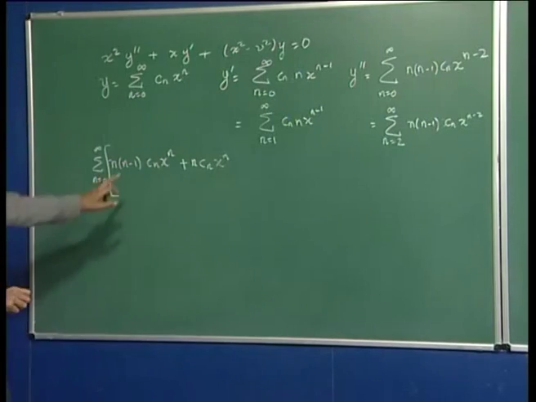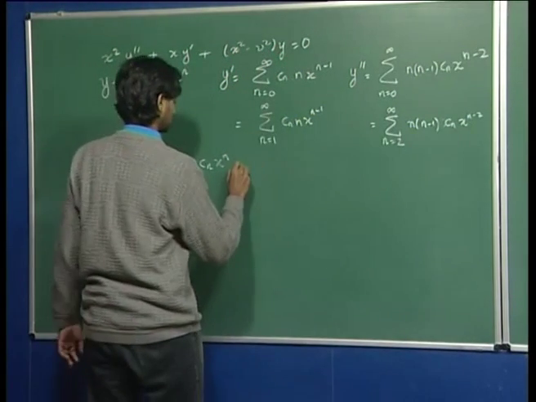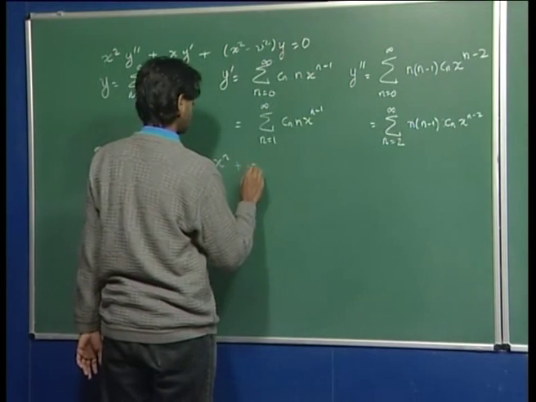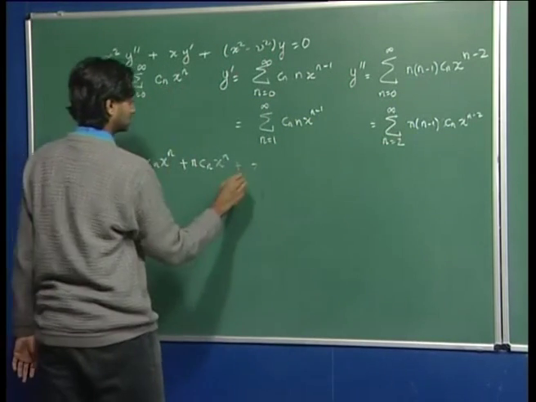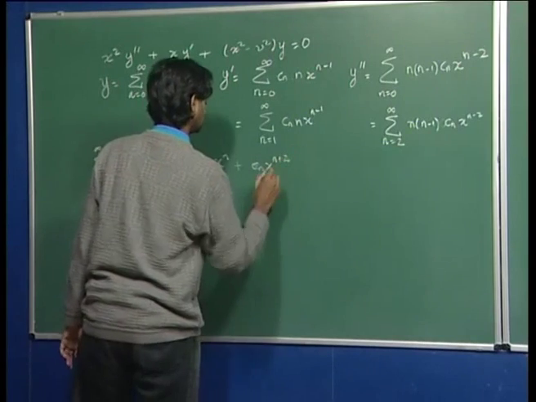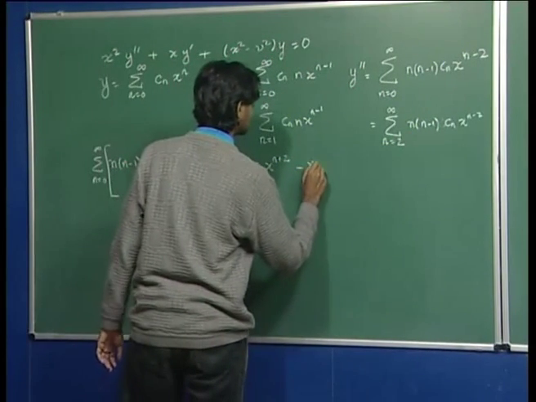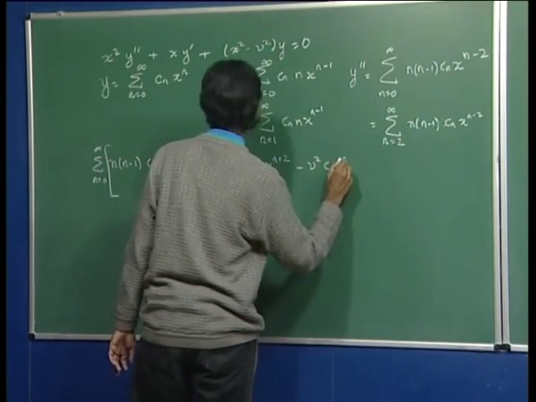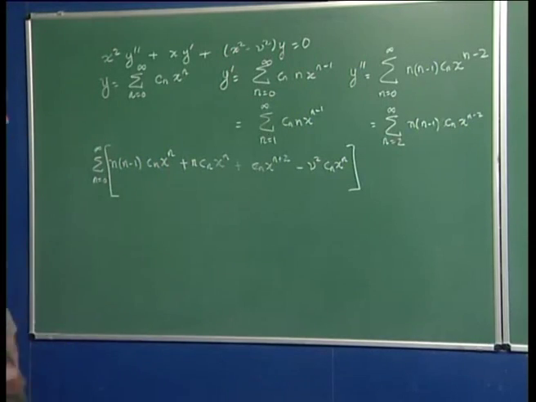The third term will give me x square minus nu square into y, so I can write it as two terms. One is x square into y, that is c n x raised to n plus 2, and the other term is minus nu square c n x raised to n, and this is equal to 0.